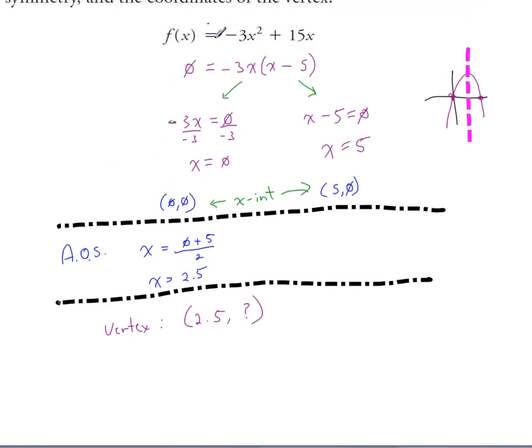We can pick either our original standard form, or we can pick our factored form. I think I want to pick the standard form because I think that would be a little bit easier. So I'm going to say f of 2.5 is going to be equal to negative 3 times 2.5 squared plus 15 times 2.5.